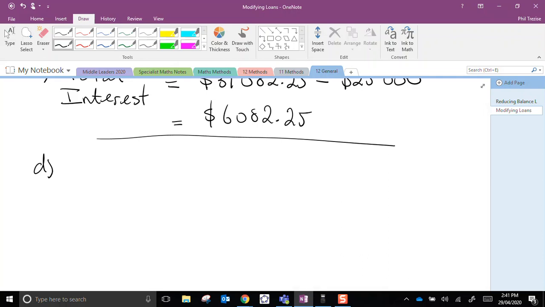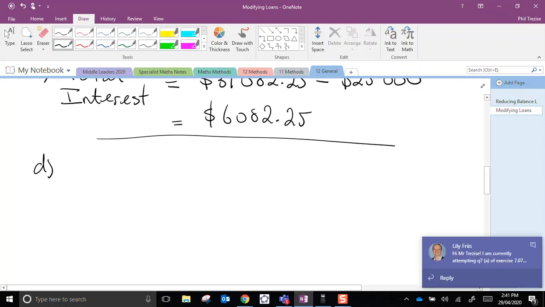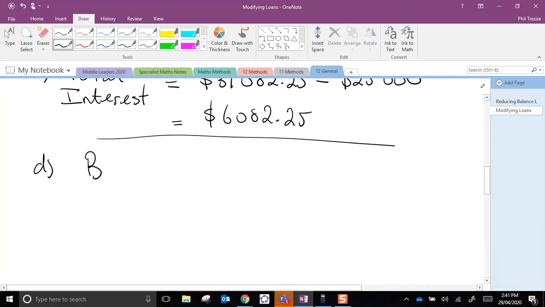So the part D, this is where things start to go a bit awry. After 3 years, the interest rate changed. And the new interest rate was 7.9%. And the new repayment, well, how much is the new repayment, they say? Well, this is where we have to calculate the balance of the loan after the 3-year time period.